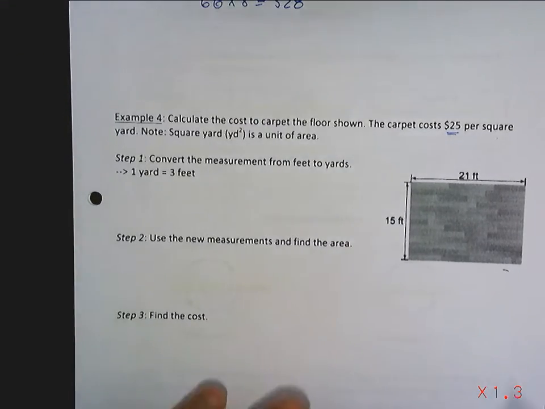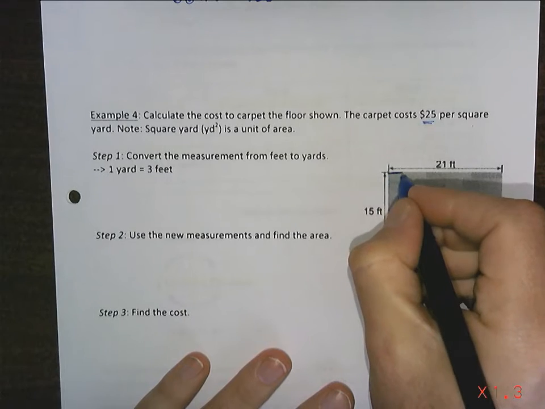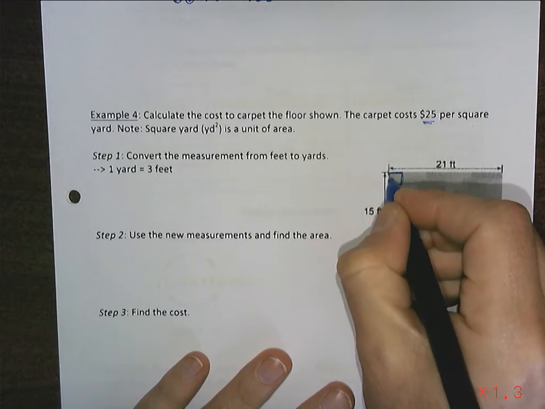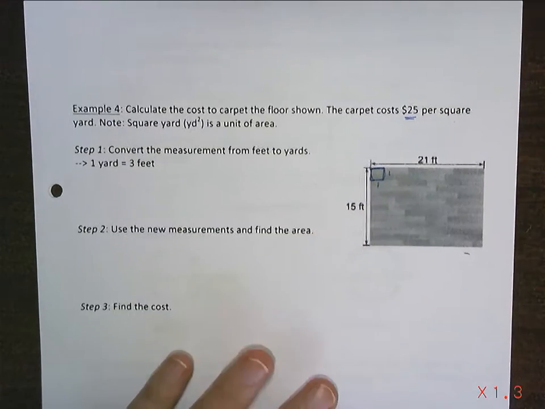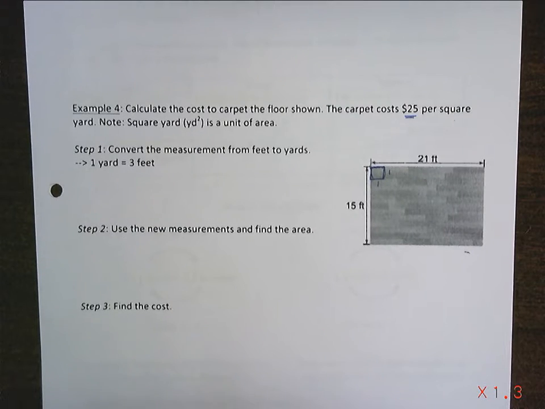What that means is 1 yard this way, 1 yard this way is a square yard. That's what they actually mean. It's a square where the measurement is 1 yard. In other words, 3 feet. So it's a 3 by 3 foot area. How big is that? That's 9 square feet.